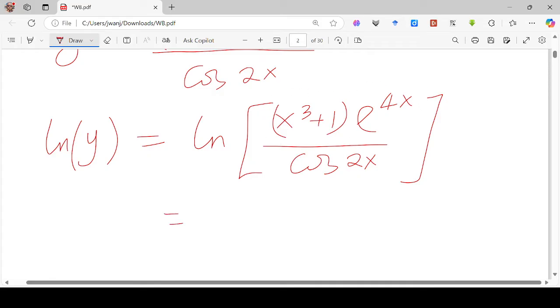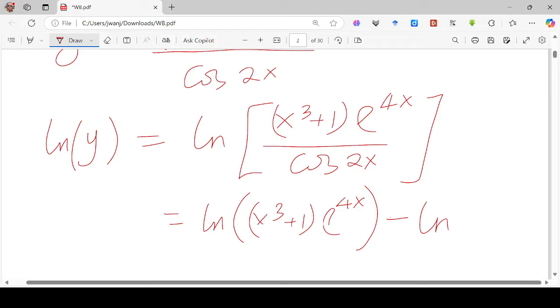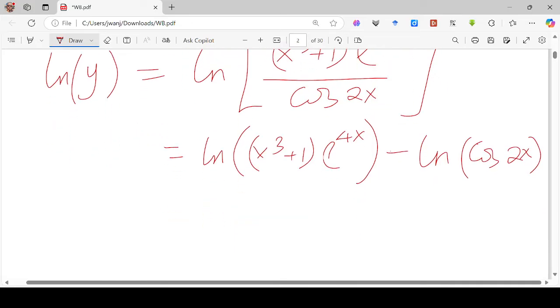So we write the logarithm of x cubed plus 1 e raised to power 4x, that is the numerator. We subtract the logarithm of the denominator, which is cosine of 2x. Now, looking at the first term, we have a product, x cubed plus 1 multiplying e raised to power 4x.